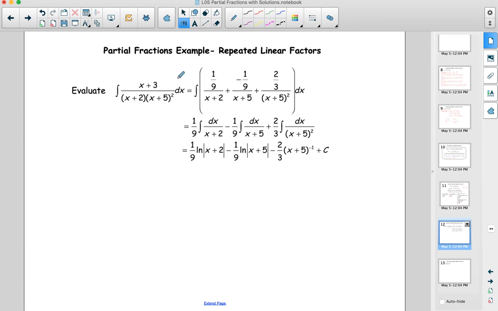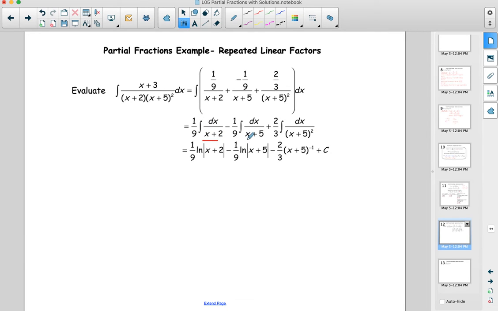So moving forward now, we've got the integral of 1/9 over x plus 2 minus 1/9 over x plus 5 plus 2/3 over x plus 5 all squared. Linearity property of integrals allows me to split this into 1/9 the integral of dx over x plus 2 minus 1/9 the integral of dx over x plus 5 plus 2/3 the integral of dx over x plus 5 all squared.